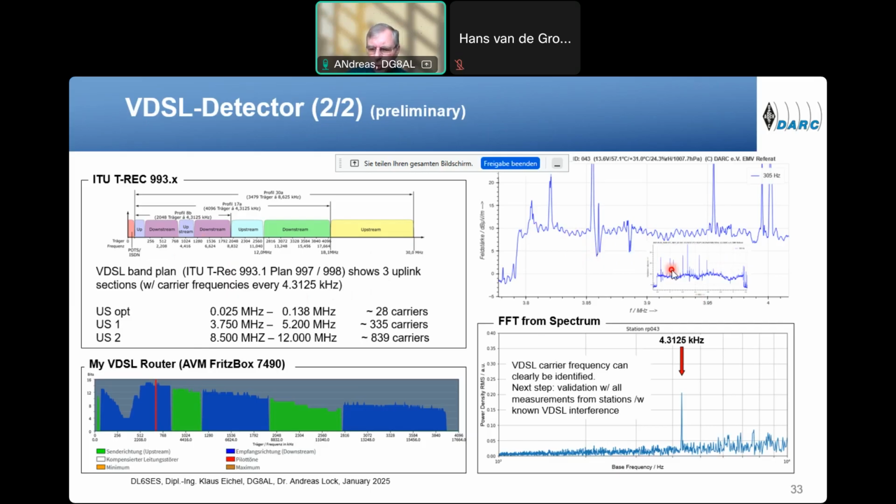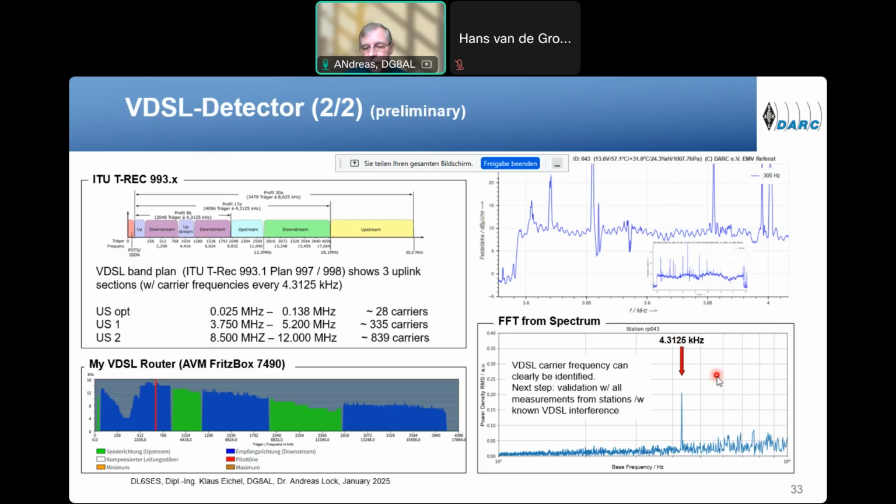If we now have a closer look at the spectrum, in the inset you can see the range between 3.8 and 5 megahertz. If we zoom in, we see, besides the carriers, the small wiggles, which represent the subcarriers. So what did I do? I made an amplitude filter to get rid of these carriers and looked only at the remaining part and did the FFT of the remaining spectrum.